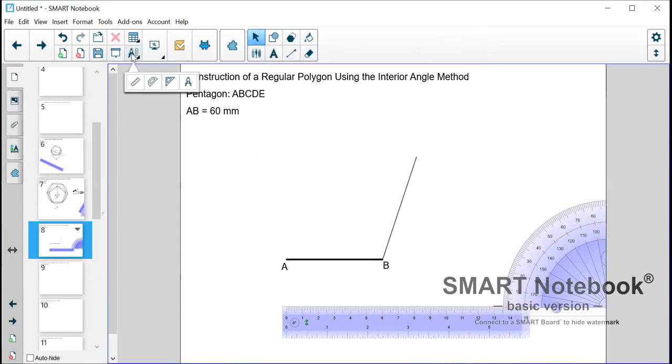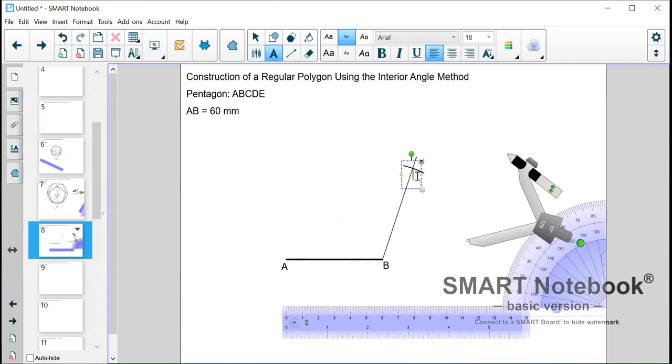Now, we also need to find the particular length of that line. The length here will be the same as AB, because remember, we're looking for regular polygons, so all the sides must be equal. We find the length of that side and label this part C.